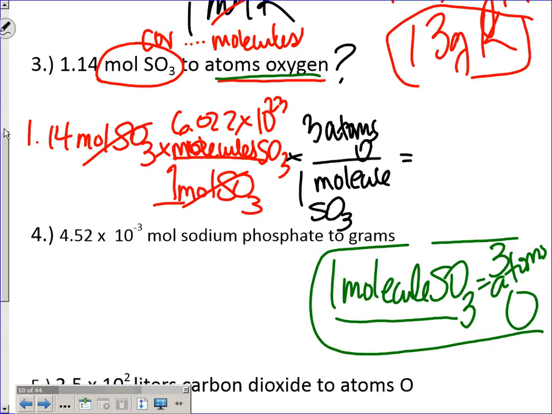I'm just saying what we do now. Now you are going to calculate. So across the board, we should have moles of SO3 canceled, molecules of SO3 canceled. The only unit remaining is atoms of oxygen, and that's what our question was. So we're in a good place. We have to multiply 3 by whatever we got from the top, right. Anybody have that for me?